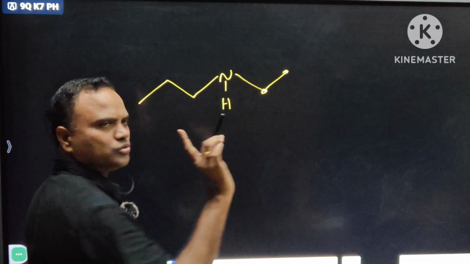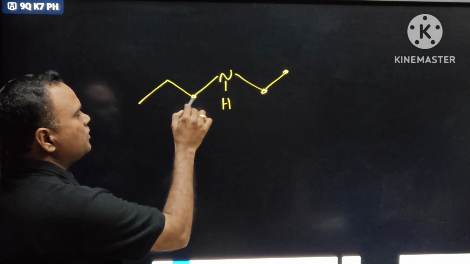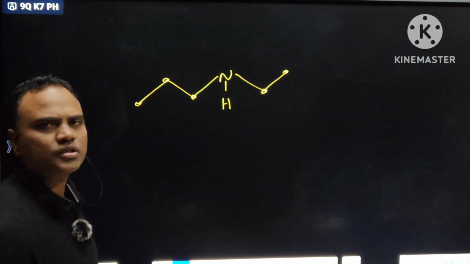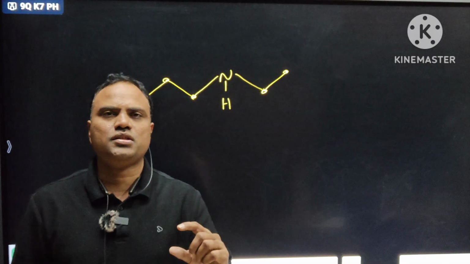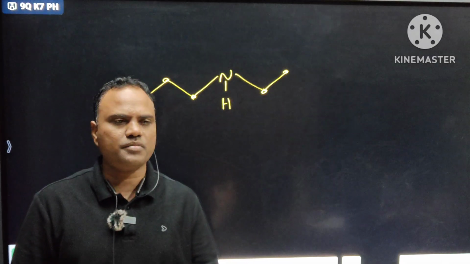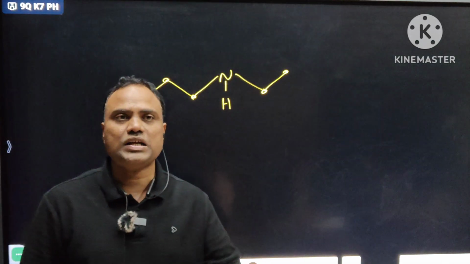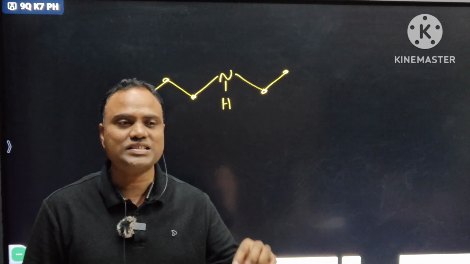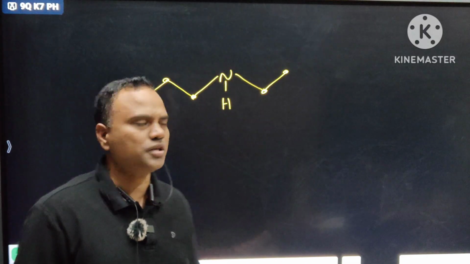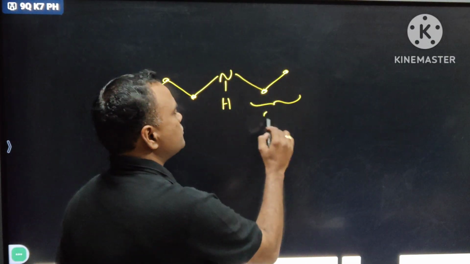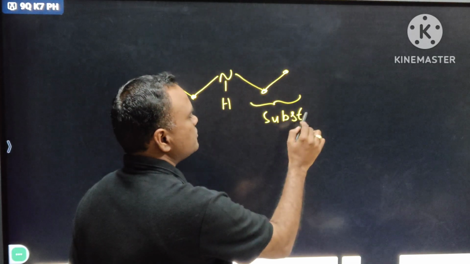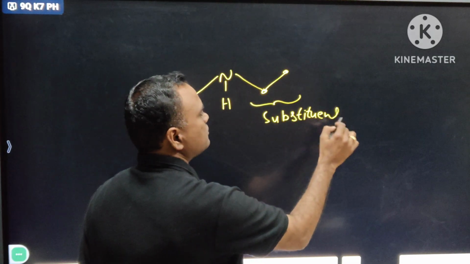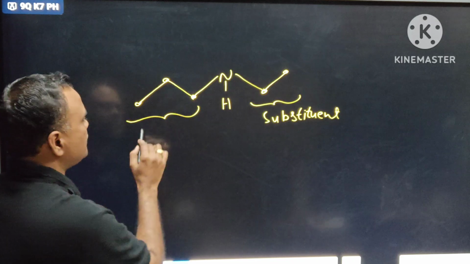This side 1 and 2 carbons, left hand side 1, 2, 3. Select the chain with more carbons as the longest chain. Select the chain with fewer carbons as the substituent. This will become the substituent because it has 2 carbons. This will be the parent chain.